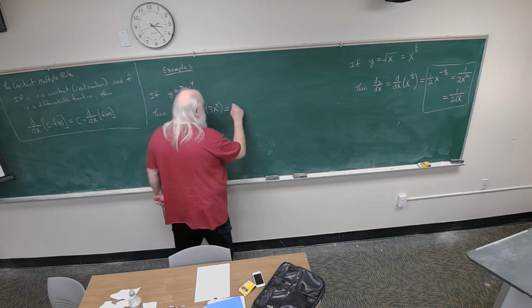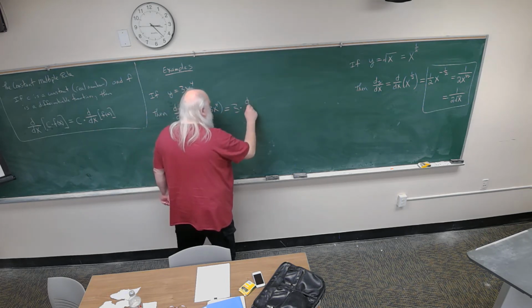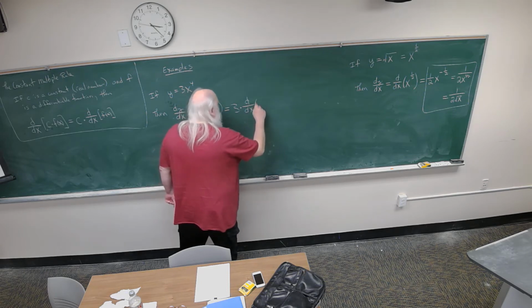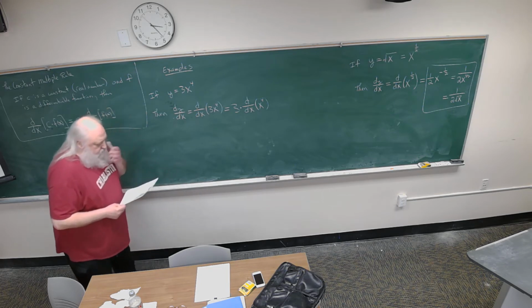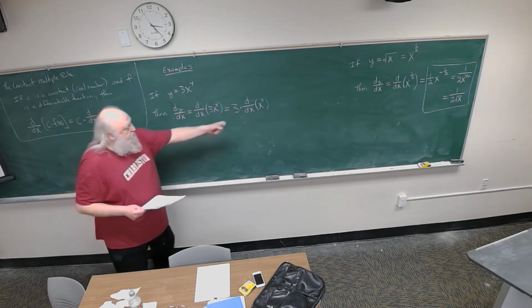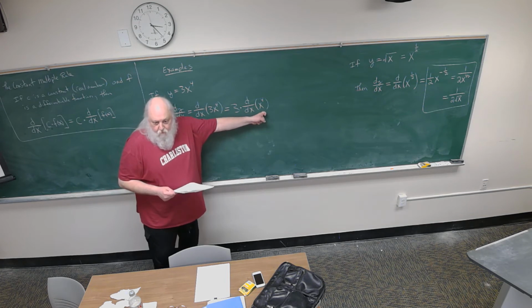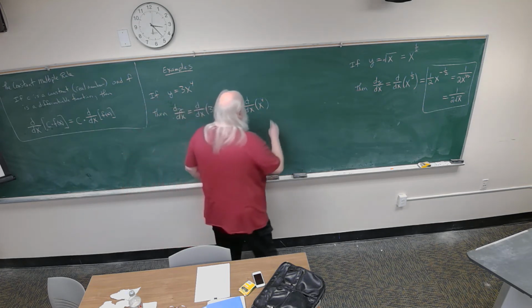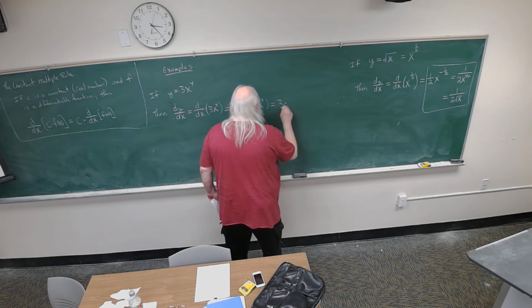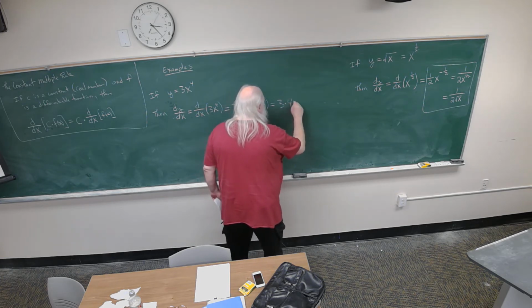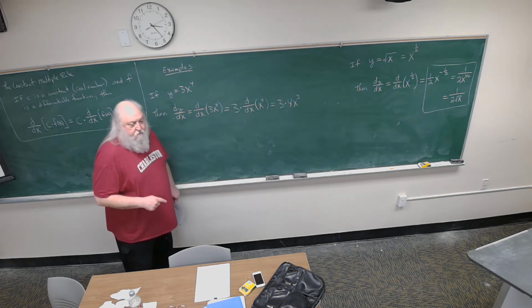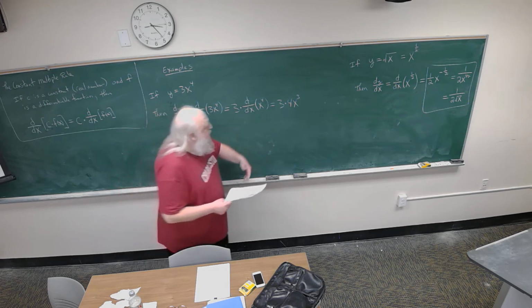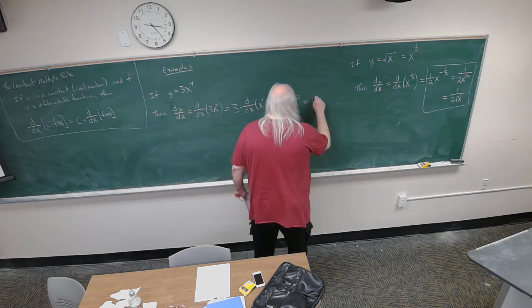So this is equal to 3 times the derivative of x to the fourth with respect to x. Well, this is a power function, so we use the power rule to differentiate x to the fourth. So we have 3 times the derivative of x to the fourth, which is 4 times x cubed, by the power rule: bring the 4 down in front of the x, subtract 1 from the exponent. And then 3 times 4 is 12.